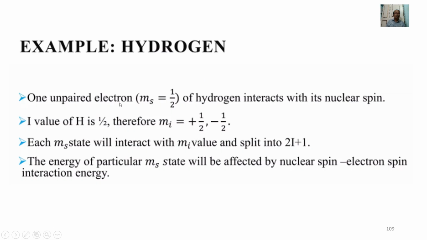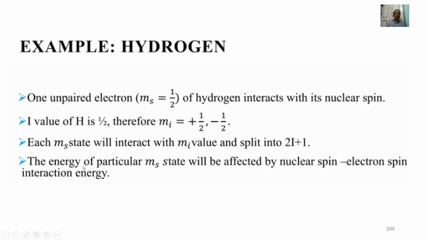One unpaired electron, so Ms equals 1 by 2 of hydrogen, interacts with its nuclear spin. The nuclear spin I will be 1 by 2, so we'll have 2 values, Mi equals 1 by 2 and minus 1 by 2, because 2I plus 1 with I equal to 1 by 2 gives 2 values.